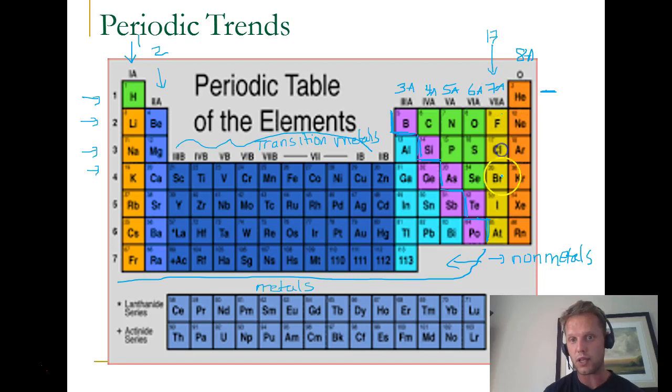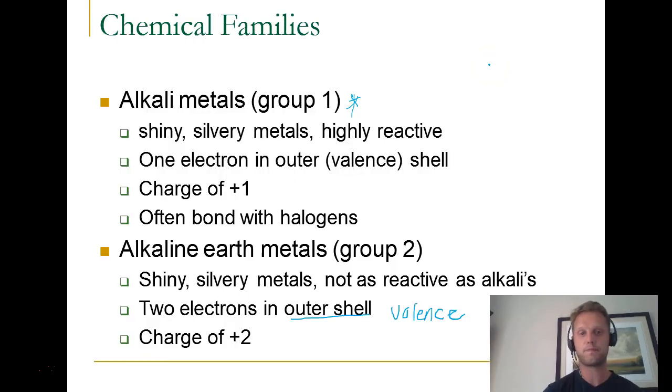Bromine we use in hot tubs to disinfect the water. Chlorine we use in pools to disinfect the water. We also drink chlorine. And fluoride we actually use to disinfect our water as well, and it actually strengthens our teeth. But they're all very, very reactive.